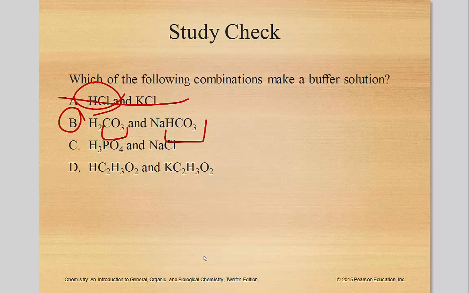H3PO4 and NaCl, that would not work because these are not conjugates of one another. Then finally we have acetic acid, HC2H3O2, and the conjugate salt of it, KC2H3O2. That would work once again. So you need a weak acid and the salt of the conjugate base. And that's how buffers work.